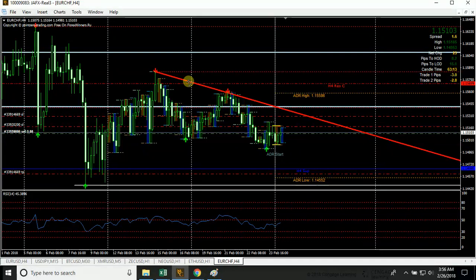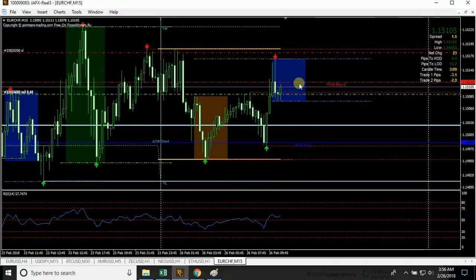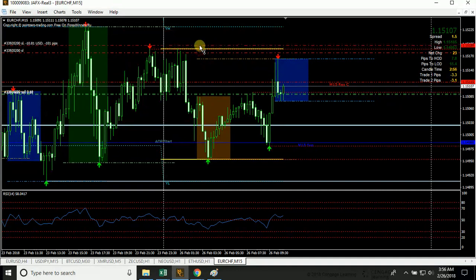Okay, now the stop loss. Since I use my 15-minute chart for my entry, and I entered here, I'll put my stop loss above, right here, where you see it.